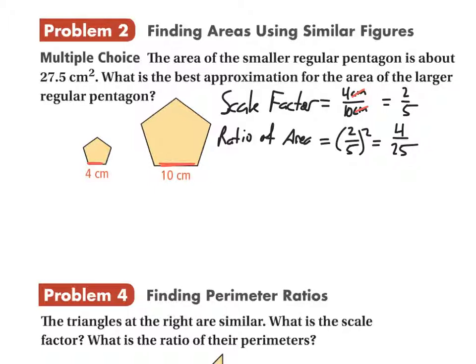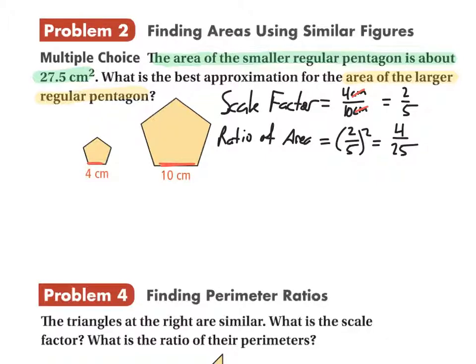Okay? All right, now here is the reason why we're learning this. This is what this is used for. We know the area of the smaller pentagon is 27.5 square centimeters. They want us to find the area of the larger regular pentagon, right?